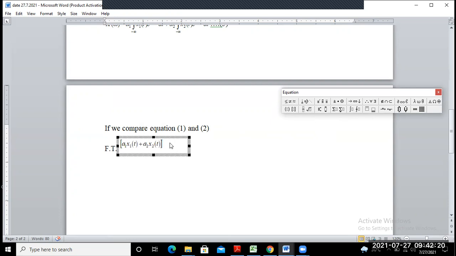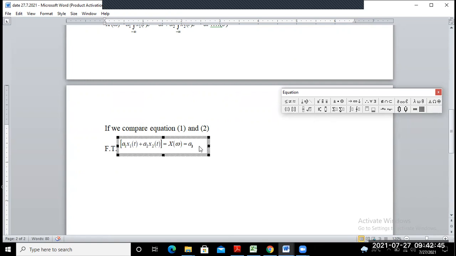Equal to x omega, equal to a1 x1 omega plus a2 x2 omega.